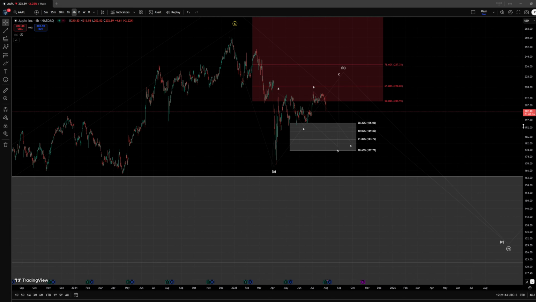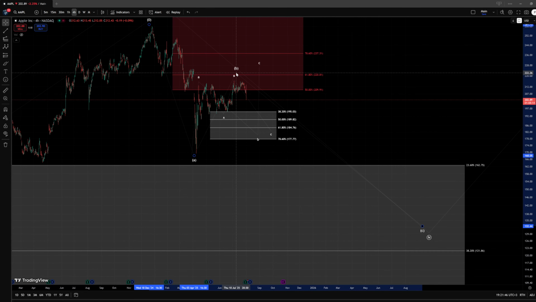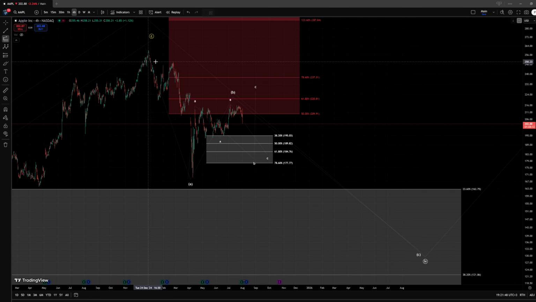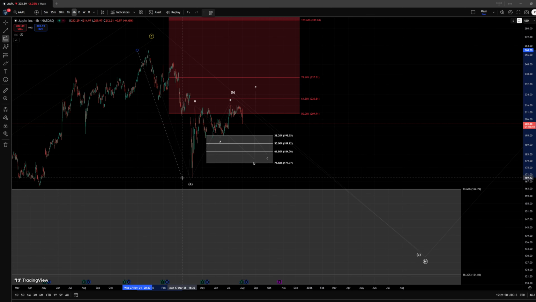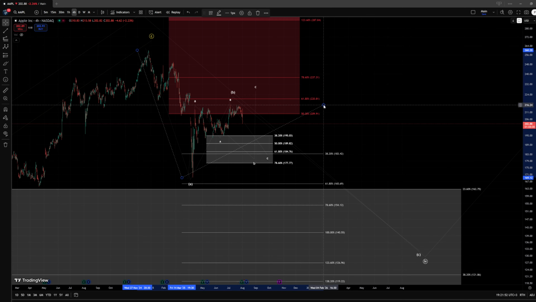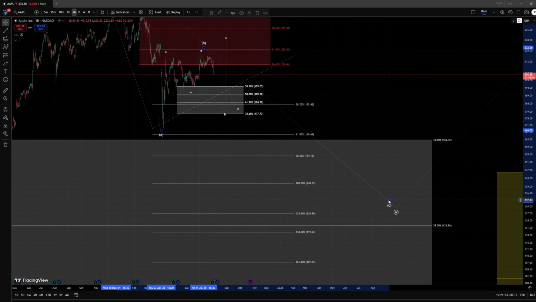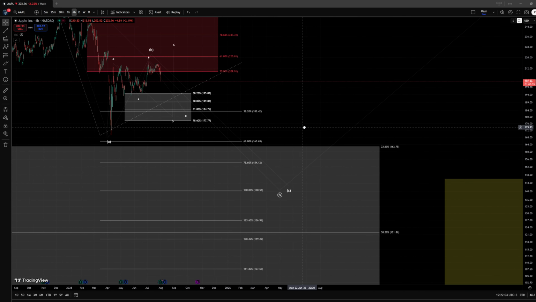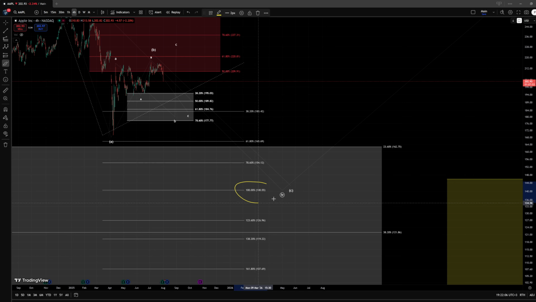Now, if this B wave already completed, I would expect an ideal target for the C wave, so also implicitly for the wave 4, at $140, $140.50, around that. Anyway, remember, it doesn't have to get there and it doesn't have to stop there.